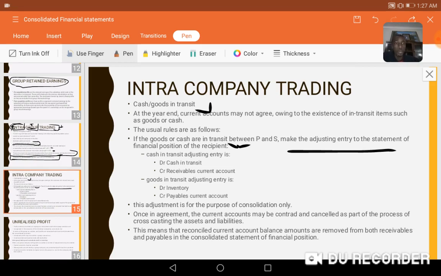So what we do by the end of the year, if the parent hasn't received the check or the cash, we debit on the books of the parent the amount, the cash in transit. Then we reduce the receivables. Remember, receivables have a debit balance.